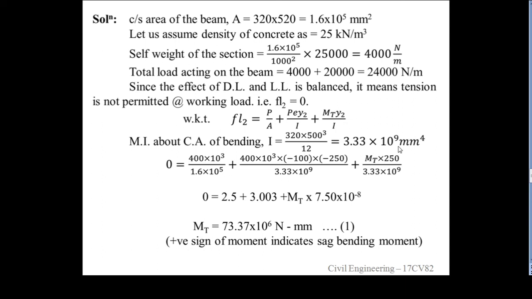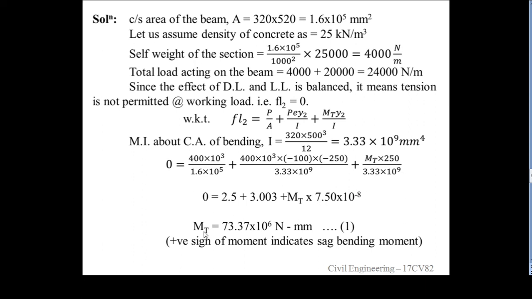Then plus MT into 250 divided by 3.3 into 10 raised to 9. Substituting all the values, 0 equals 2.5, this divided by this gives 2.5. This whole gives 3.003 plus MT into 7.5 into 10 raised to minus 8.